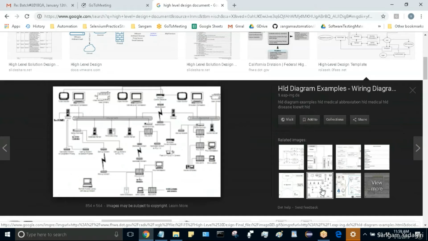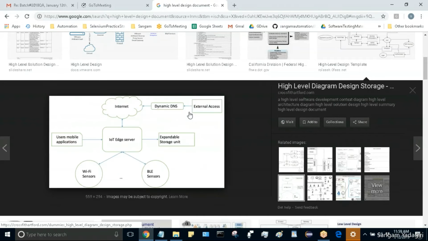Let's see this. Okay, yeah, so this one has sensors, what it would do, how it would access the internet and the internet of things.